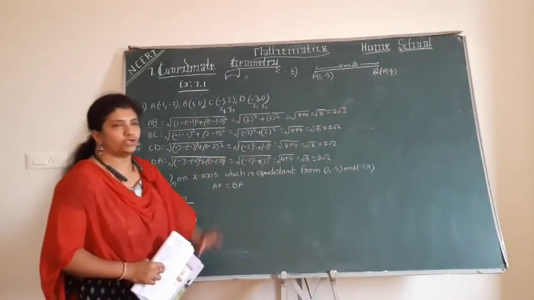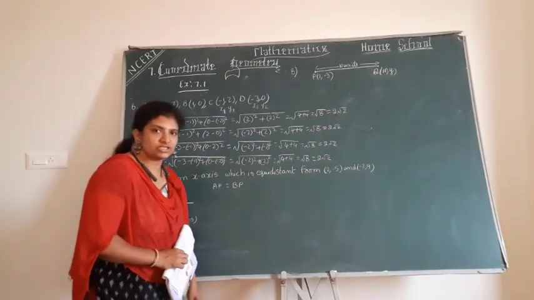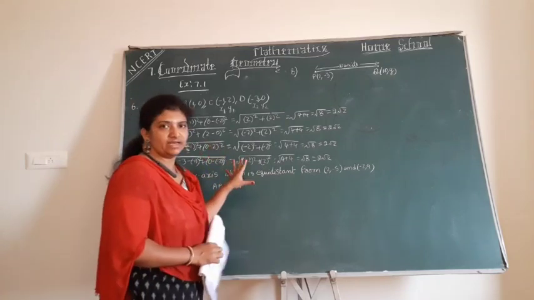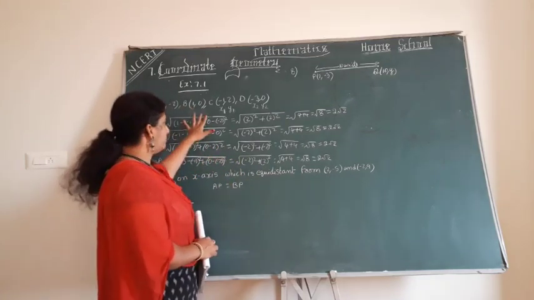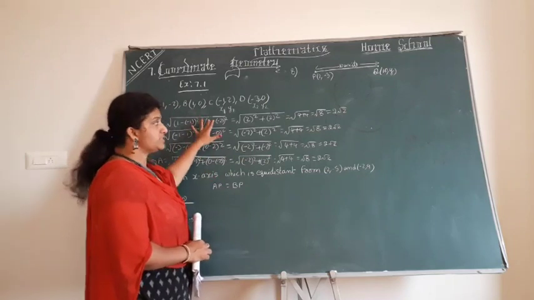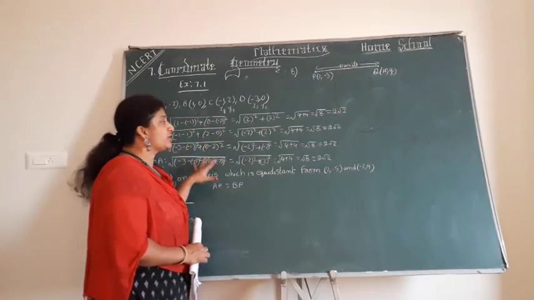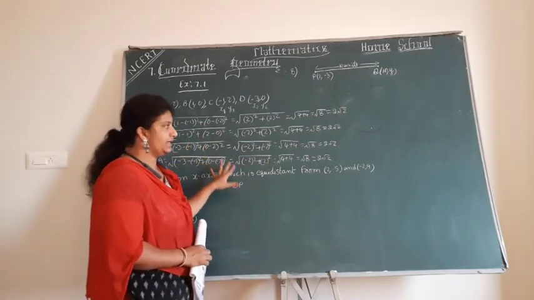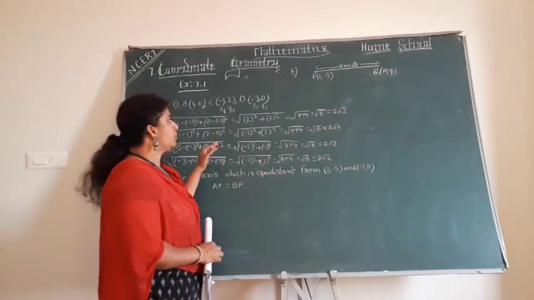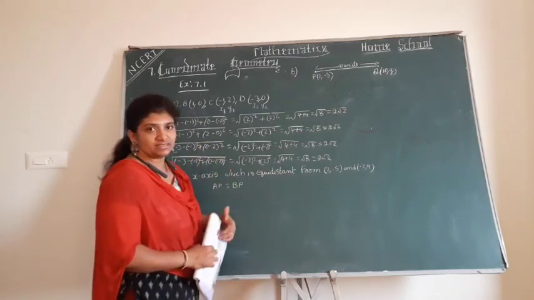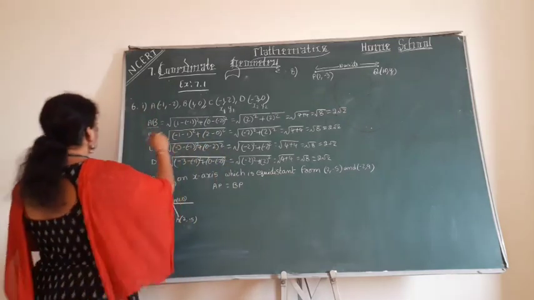You are going to get 2 root 2. Is it a quadrilateral or not? I have done 4 sides, and all 4 sides are equal. Then which type of quadrilateral is it? It is a square. You can also go on doing it with the 2 diagonal distances if you want.